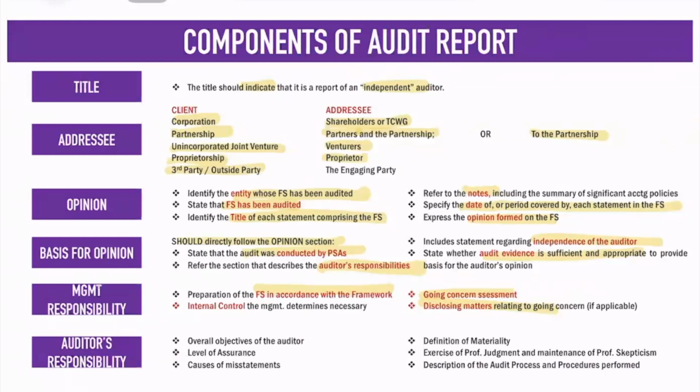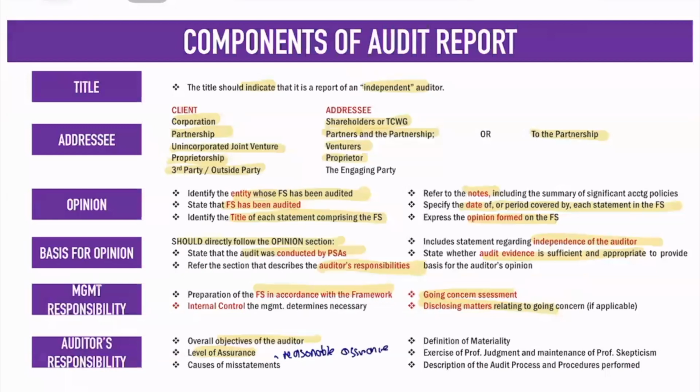Now, as to auditor's responsibility, the main components are the objectives of the auditor and the level of assurance given, and you already know that the level of assurance is only up to reasonable assurance.